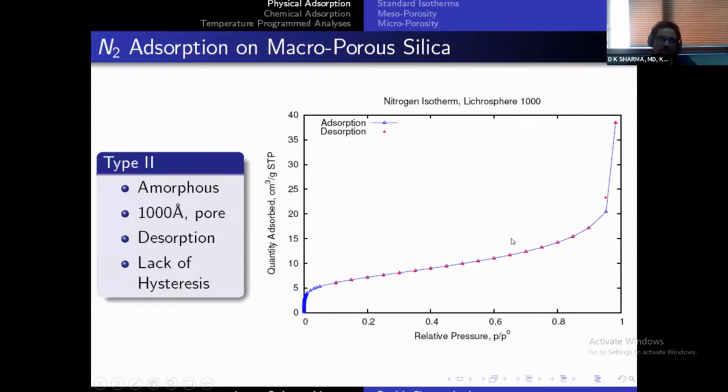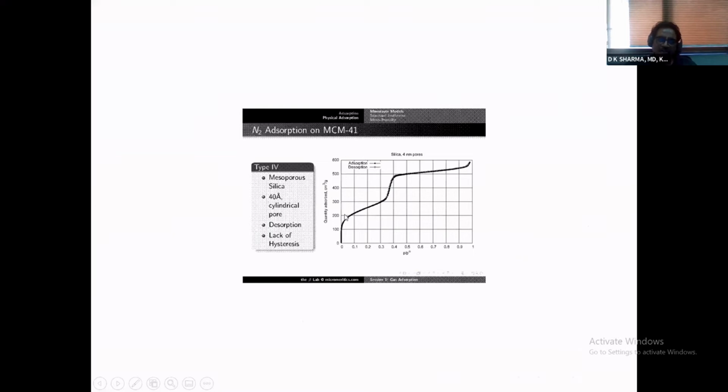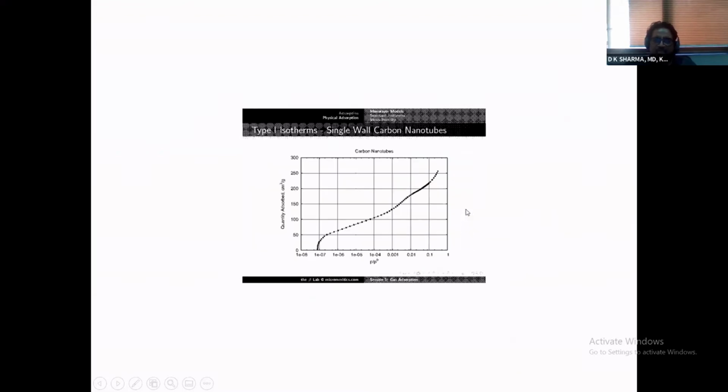It's a non-porous or a macroporous material where the increase in the adsorbed quantity goes almost linear right up to the end, and then it starts increasing for more than one reason. I'll come to that. Next one is a high surface area material like MCM41. Third example is a micropore sample.